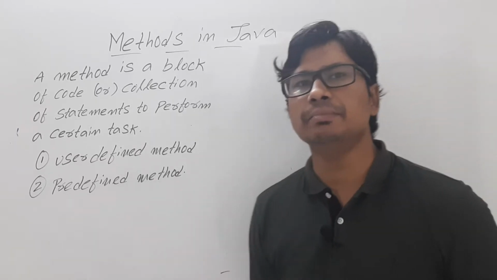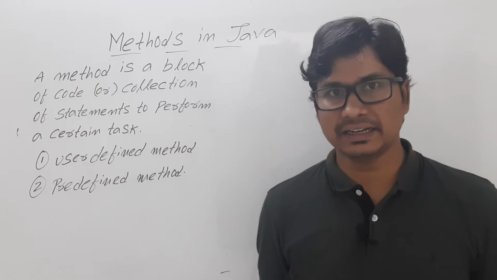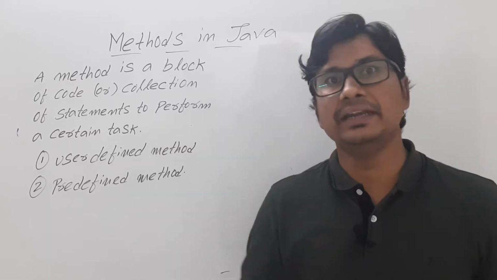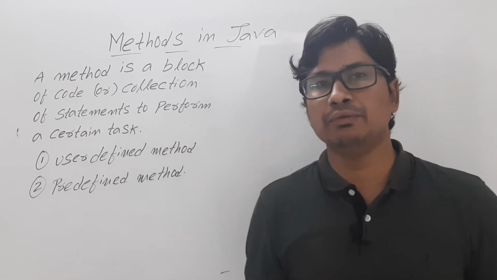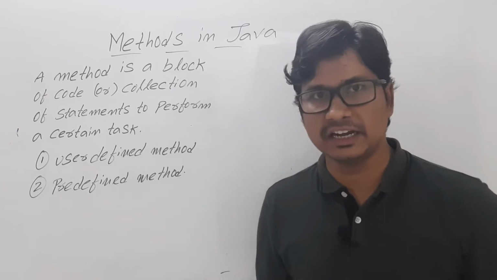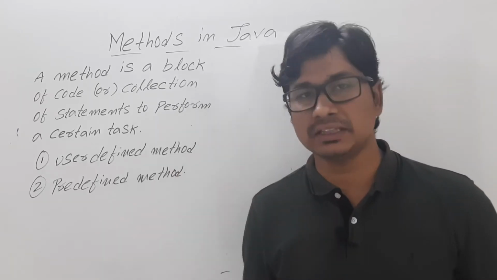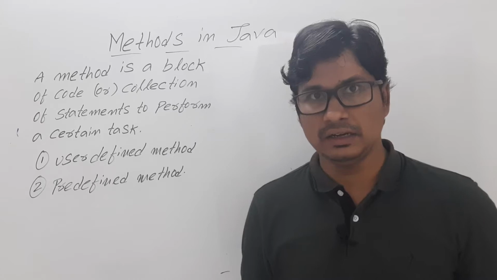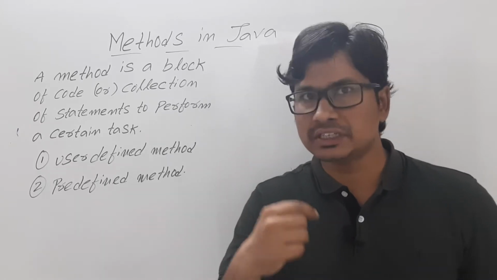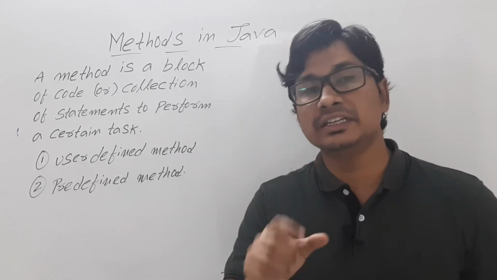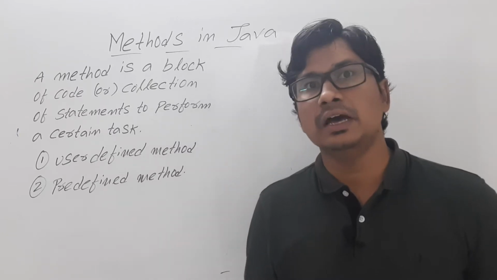The predefined methods are such as println and print, am I right? And in the string class and string data type, we have discussed various methods such as length. In StringBuffer, we have discussed reverse, substring with two parameters, am I right?